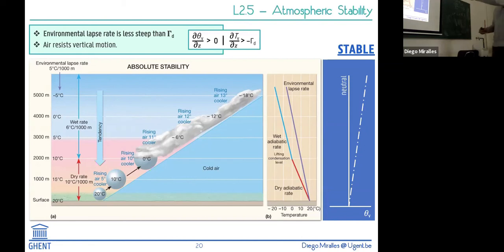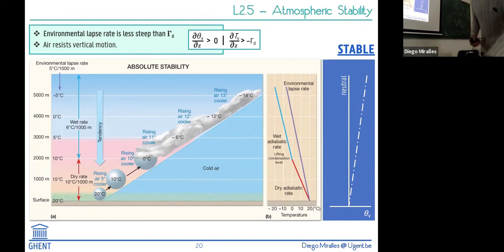And you can see now why we actually have the virtual potential temperature definition, because it's easier to correct for the pressure and so on, because then we can think that anything that has a virtual potential temperature that increases is going to be stable.